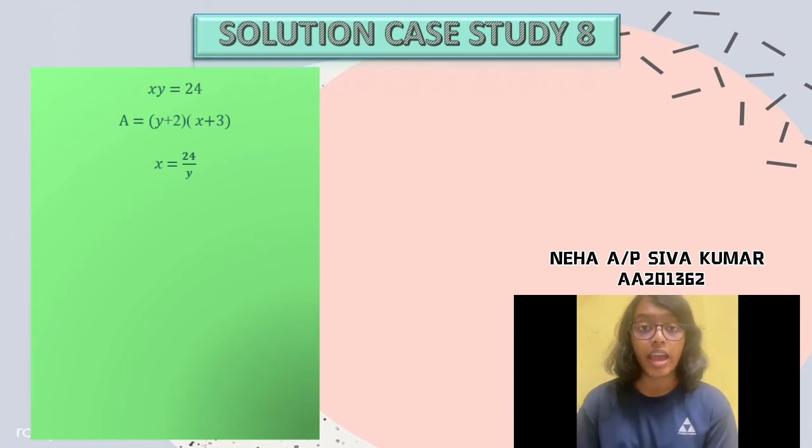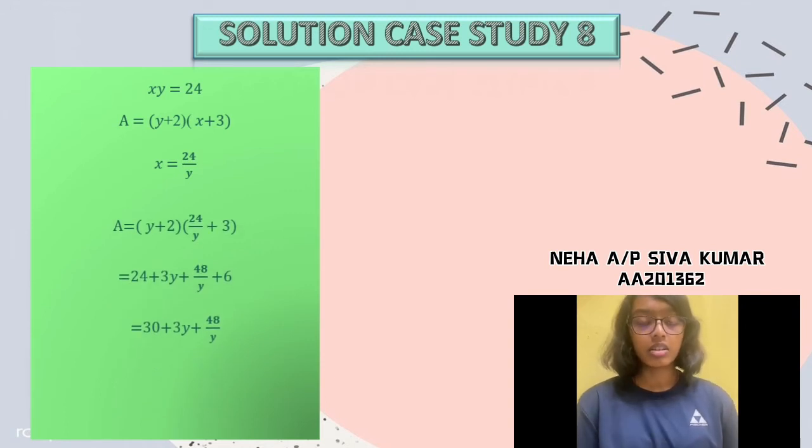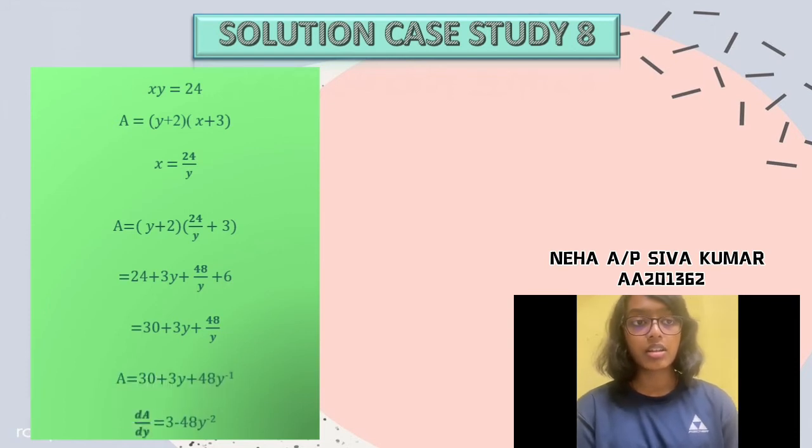So the x will be in terms of y. Then using the value of x in terms of y, sub it into the equation for the area. Once you substitute the x with the x in y terms, then you'll differentiate the equation to get a different equation.